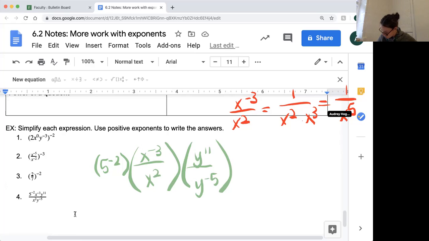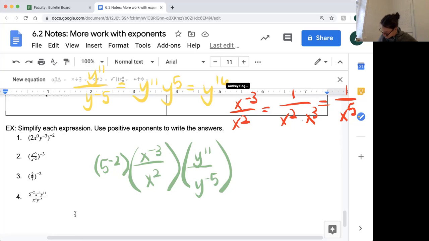And then in terms of my y's, I have y to the 11th over y to the negative 5. I want to make that negative exponent positive, so I'm going to have y to the 11th times y to the 5th, which is going to give me y to the positive 16th.